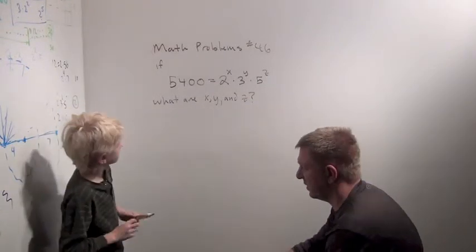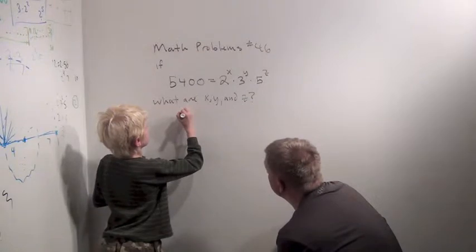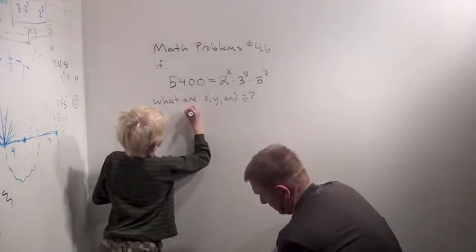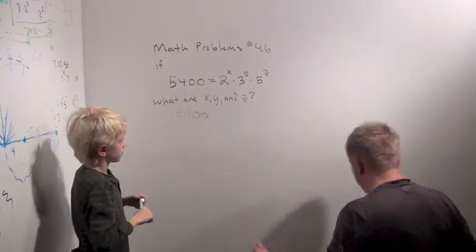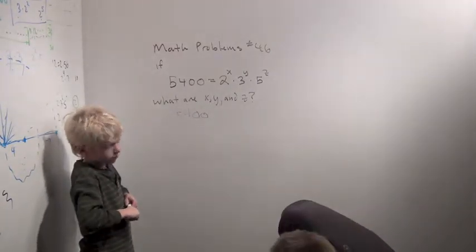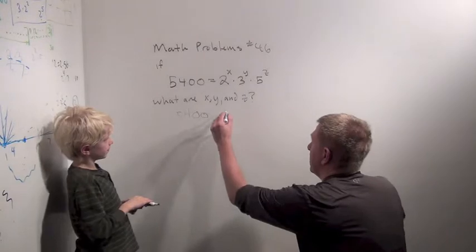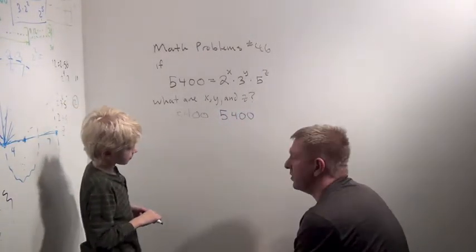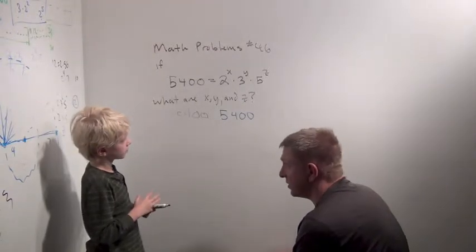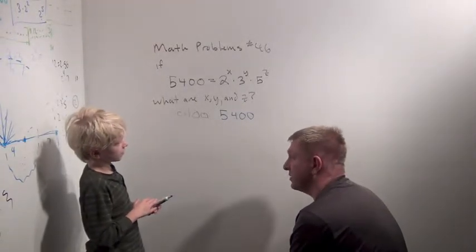So start with 5,400. Your marker's getting a little out of gas here. Maybe this one will work better. 5,400. Now, what are two easy numbers that you can see that multiply together to be 5,400?